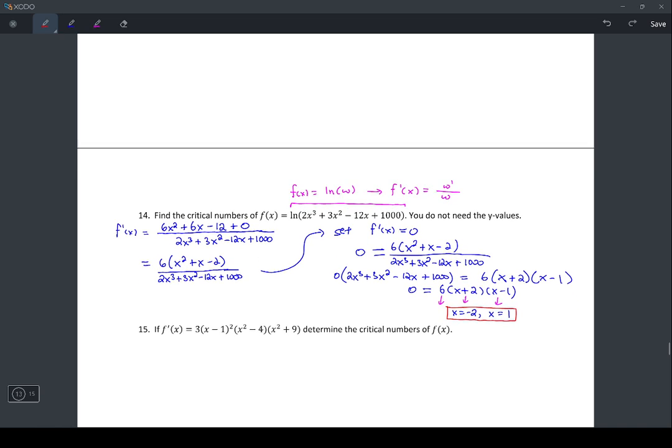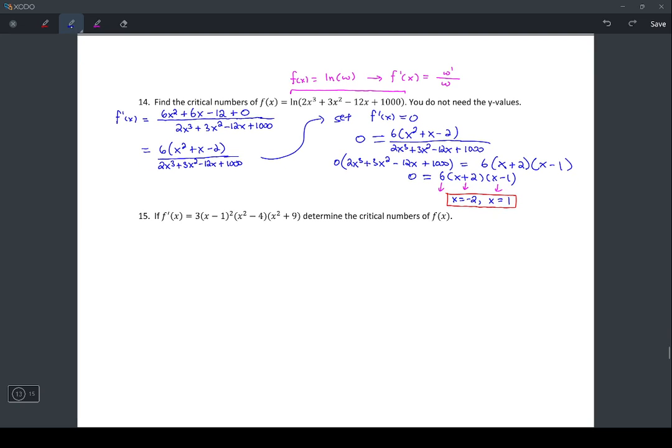Okay, question 15. Instead of starting with f of x and having to take the derivative, it gives us f prime of x. So the derivative is already done. We're asked the same question, determine the critical numbers. So I'm going to set f prime of x equal to 0. So we have 0 equals 3 times x minus 1 squared.